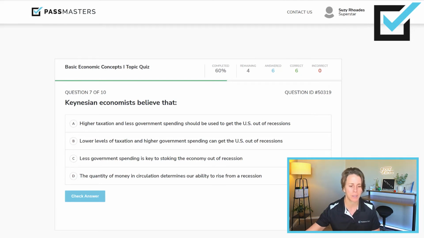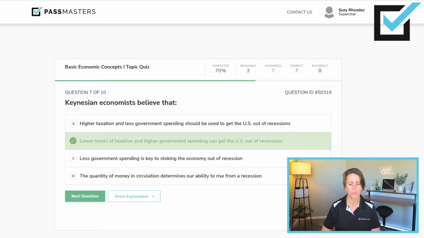Keynesian economists believe in lower levels of taxation and higher government spending, that those tools can get the U.S. out of a recession. So it's never which one's right, because trust me, economists will argue about this forever. It's just, do you know a little bit about the different economists' points of view?